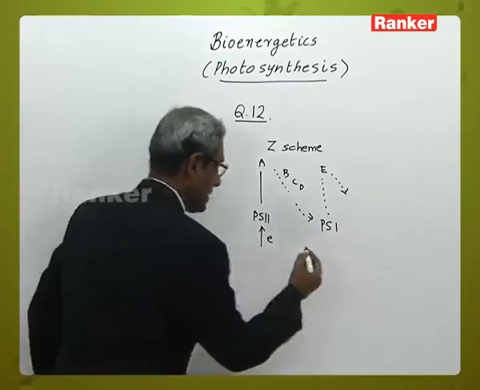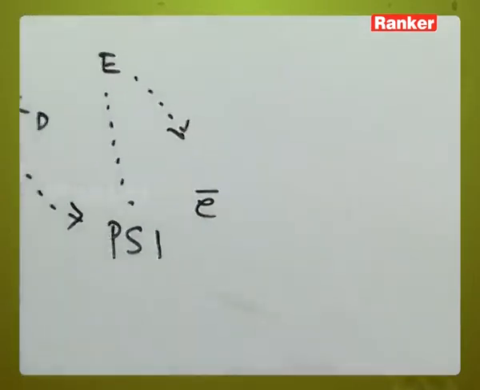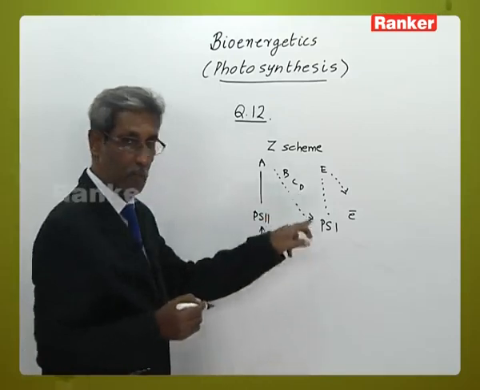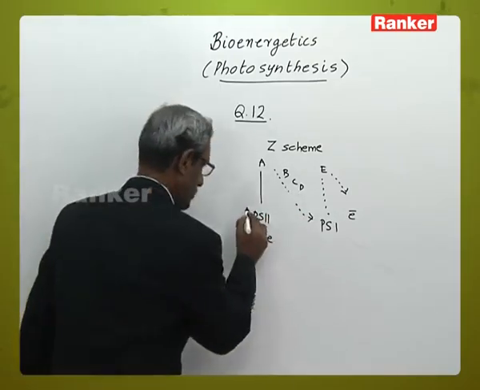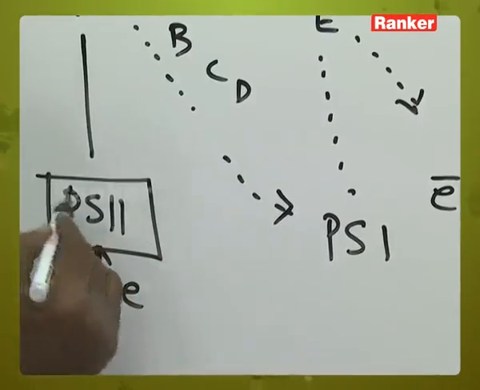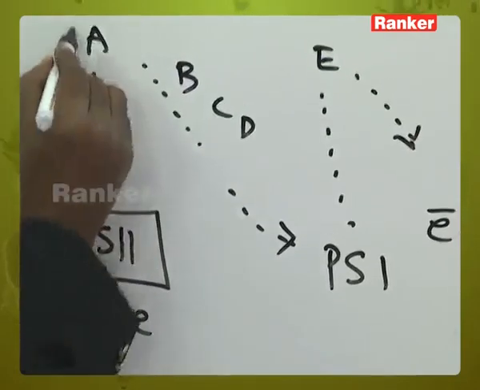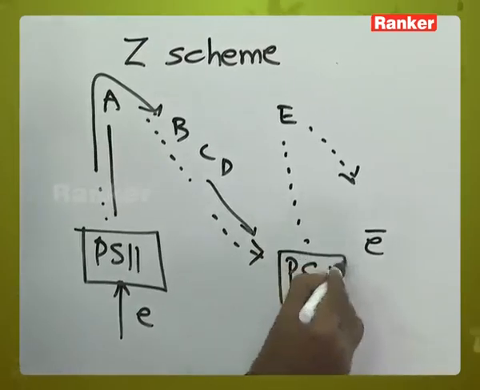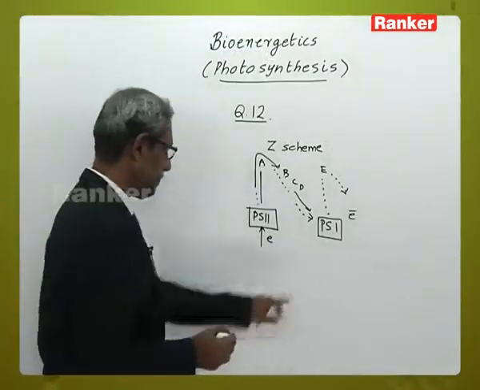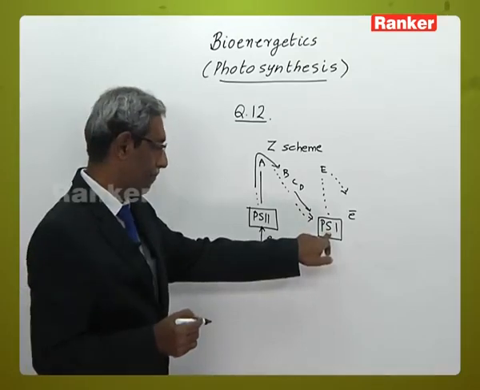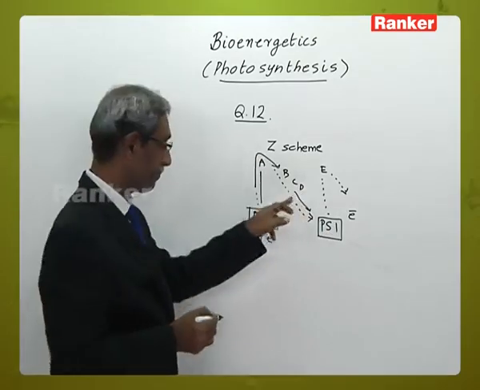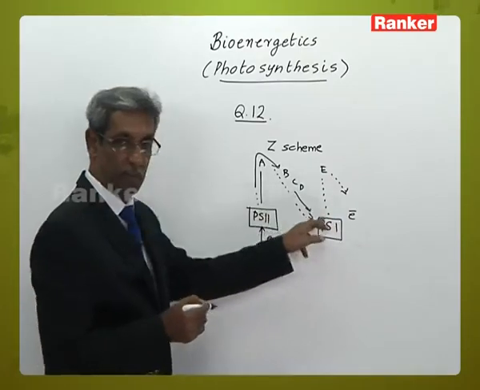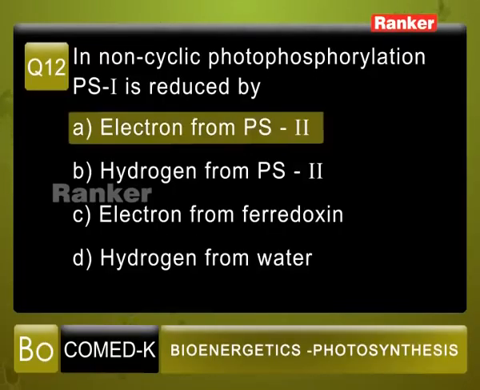Reduced means it takes up an electron. The electron source is primarily from photosystem 2. Photosystem 2 generates a series of electrons. These electrons fall into a sort of funnel which is called photosystem 1. Thereby photosystem 1 is reduced by electrons from photosystem 2. Hence the answer is A.